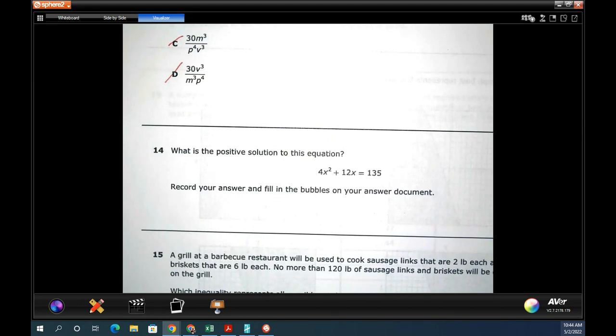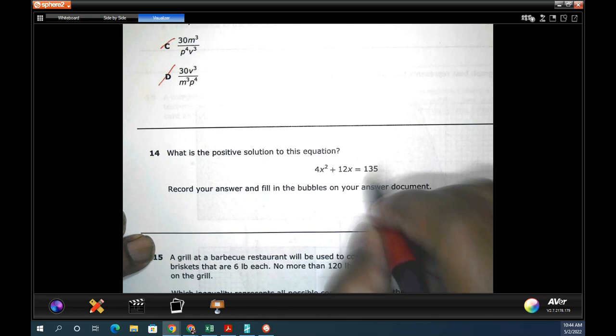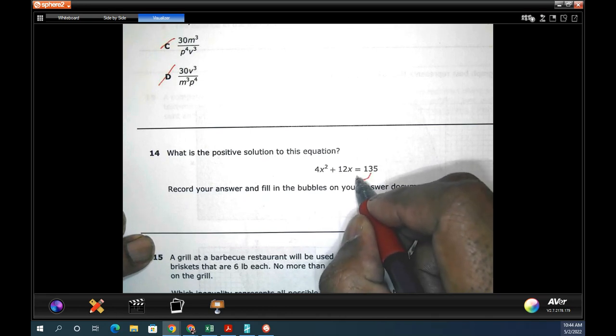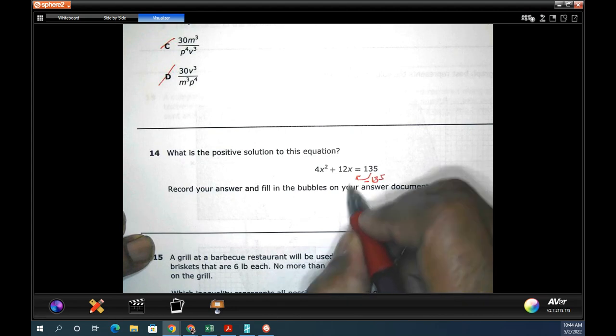14. What is a positive solution to this equation? Now, here's what you got to do. If they give it to you like this, move this over here, and you do it by subtracting 135 from both sides.